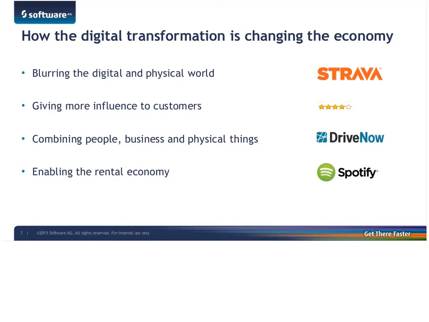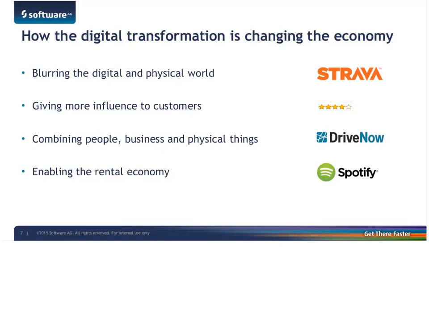Why would you have the movies at home? They are available anyway in an all-you-can-eat business model. So what's happening is that people get rid of things they own because they don't need them anymore, because it's available all the time and they don't have to store it at home. And what started at home actually grows to businesses as well.